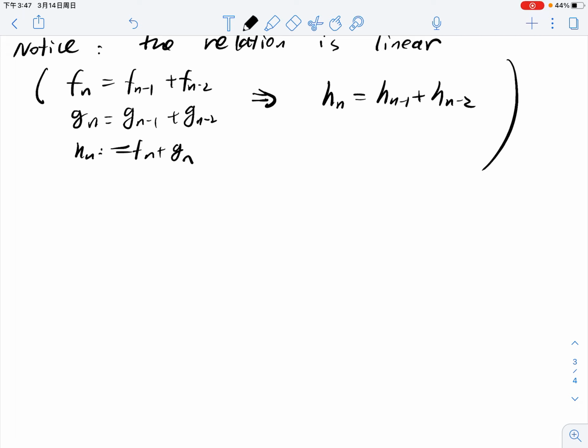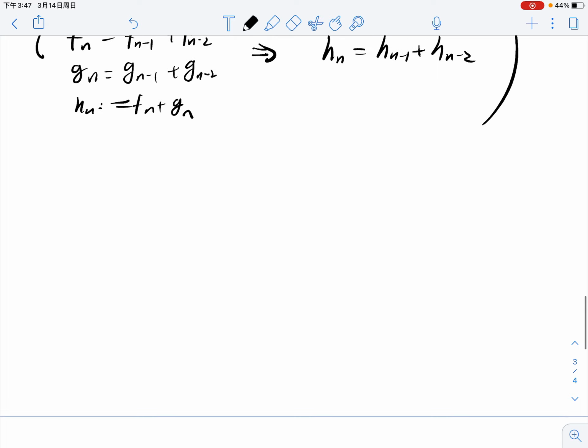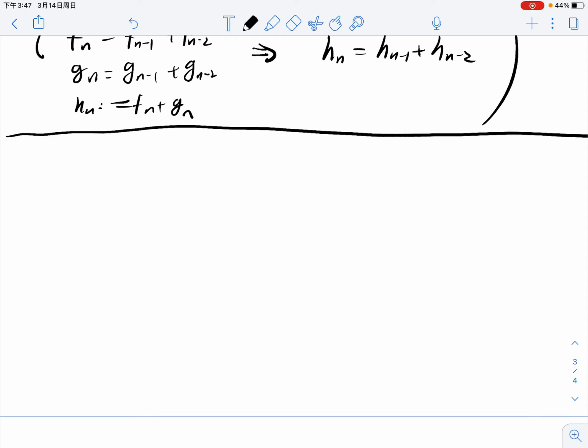We need to develop a lot of advanced tools to deal with them, although we are still far from understanding every nonlinear system. Just like our universe is nonlinear. If it were linear, then everything would be kind of trivial. Probably we won't have human beings at all.